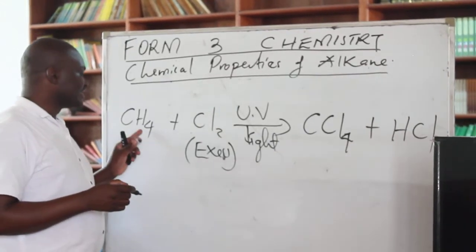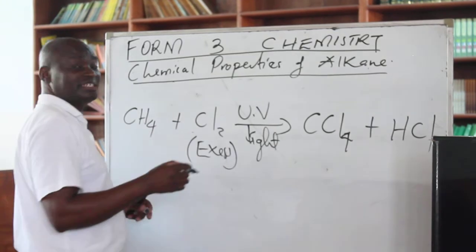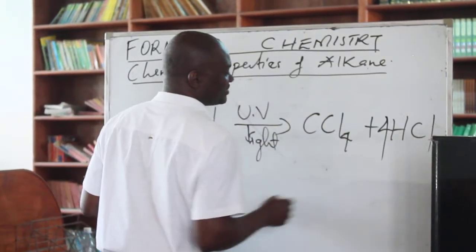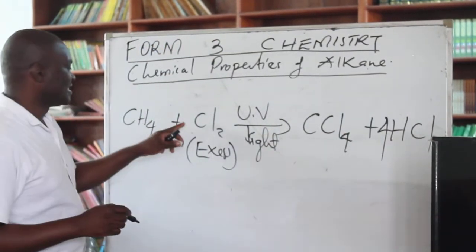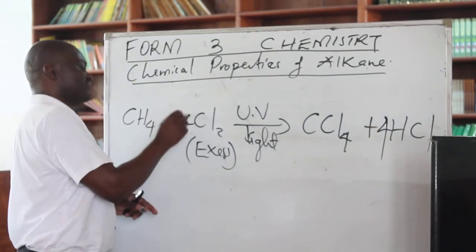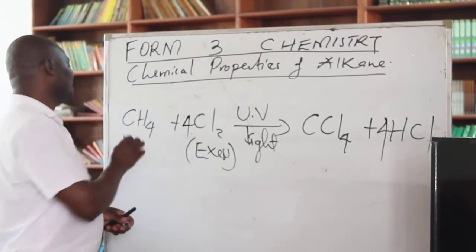So when we balance this, we need to have four hydrogen there. Then four chlorine.